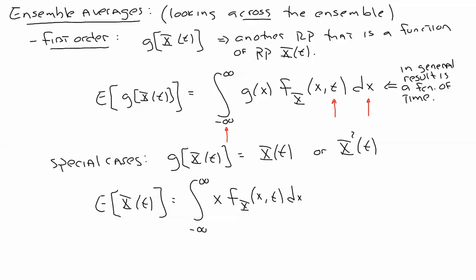And strictly speaking, I perform this definite integral against x, time is preserved, and we know that this is the mean, and strictly speaking, it could be a function of time. So this is the mean of the random process.